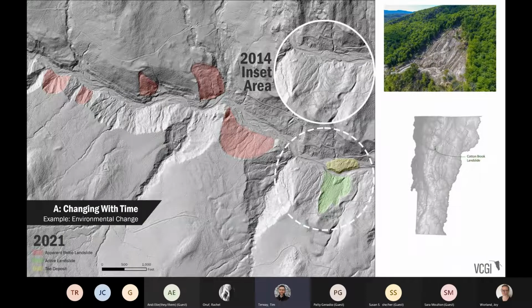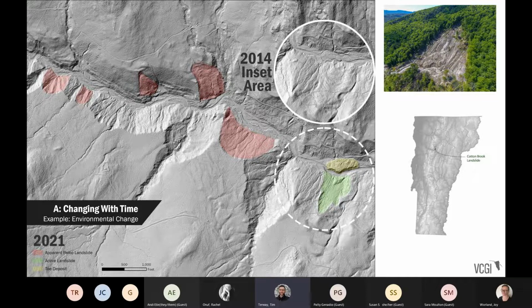Things are also always changing with time, right? So a perfect example of this is environmental change. And here's an example from a few years back near Waterbury, where there was a rather large landslide in what's called the Cotton Brook area. For example, the image on the left shows an overview comparing our 2014 bare earth LiDAR data with a 2021 take after the landslide.